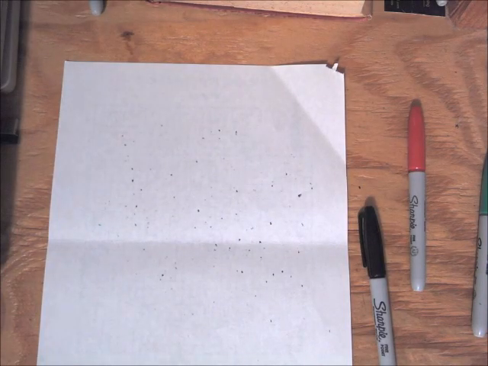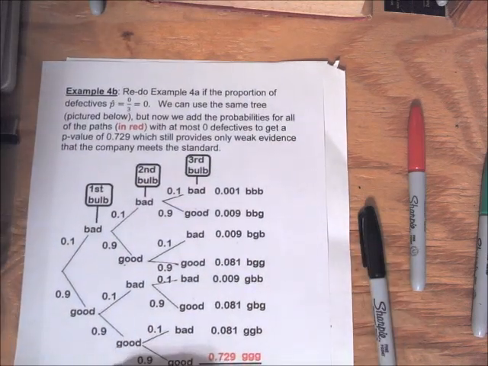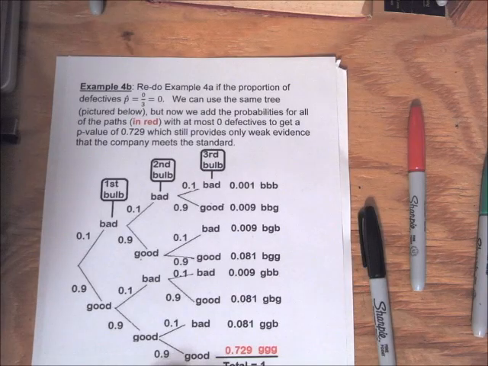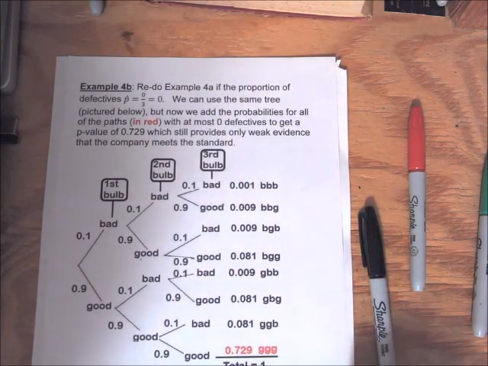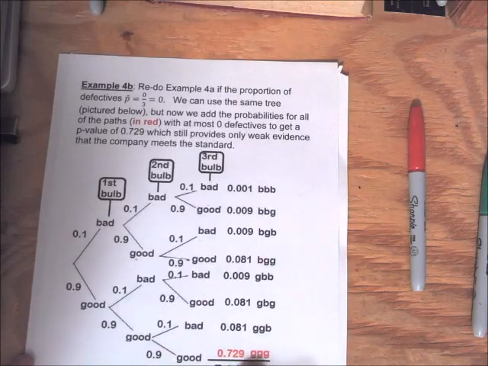Example 4b, redo example 4a if the proportion of defectives is 0 out of 3. Instead of 1 out of 3 defectives, now we have 0 out of 3. We could use the same tree, but now we only need the bottom path, the one I marked in red, where all 3 light bulbs were good.